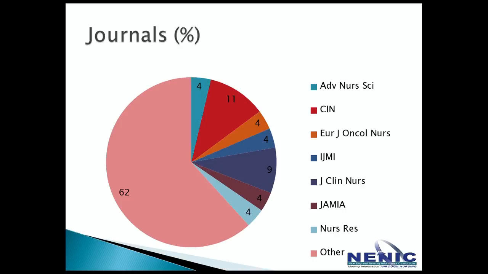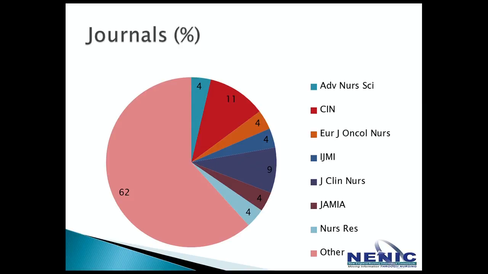The journals that they were coming from. So the 62 there is other. So this is a mix of different clinical journals for the most part, that these studies were in. So, a lot focused in specialty clinical areas, which is really, really great to see. And after that, a lot in CIN.